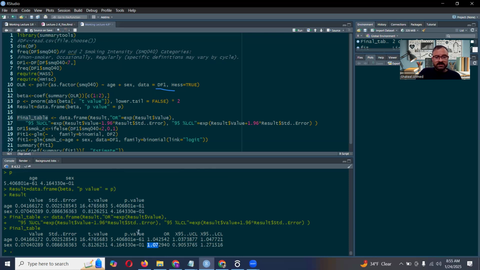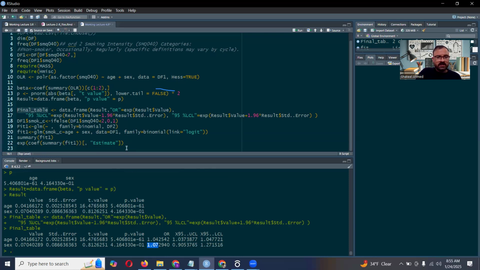So this is the result of an ordinal logistic regression, and you can compare it with a logistic regression by making two categories. For example, I have constructed a new variable, smoking as categories.